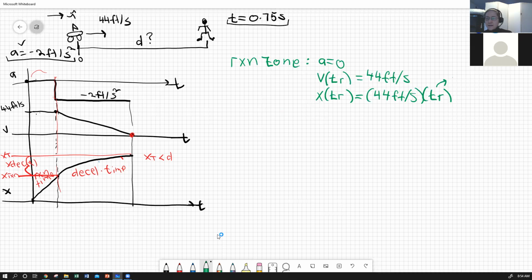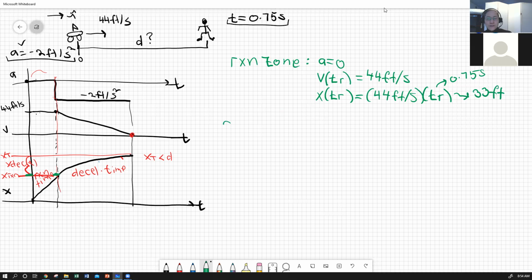TR ends at 0.75 seconds. So how far did we go? Does anybody have a calculator? 44 feet per second, three-quarters of it, 33. 33 feet. Cool. Okay, so that's this point.